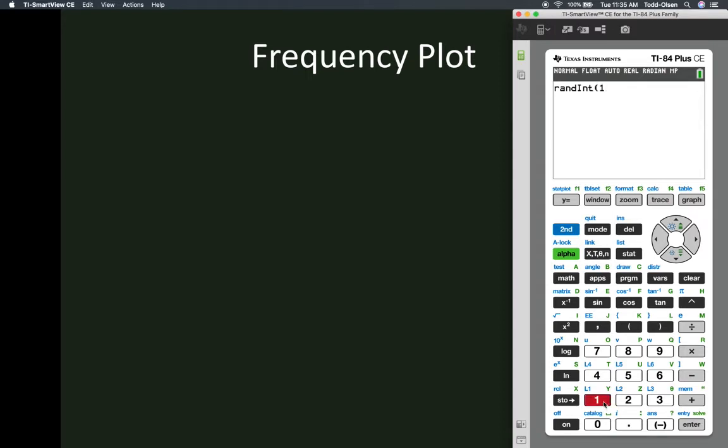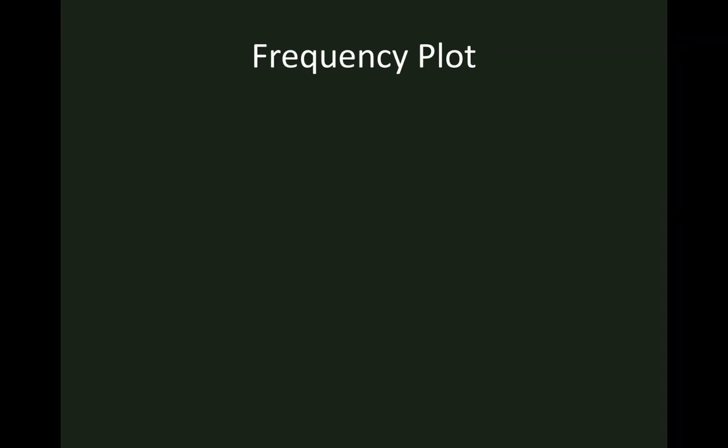The coding is to put 1 and then comma and then 20 and close the parentheses. Now I press enter to execute the program. So the first roll was 11. And so what I might want to do is to start documenting the outcomes for these rolls on a frequency plot. And let me show you how to create a frequency plot.